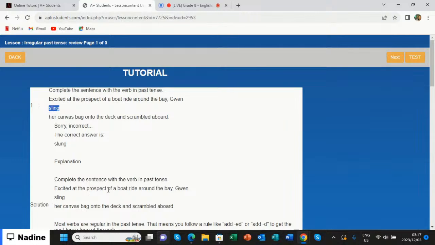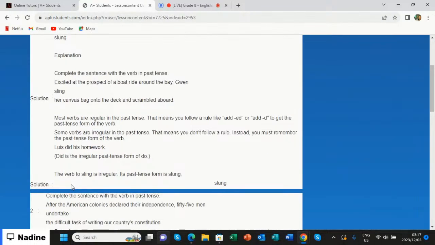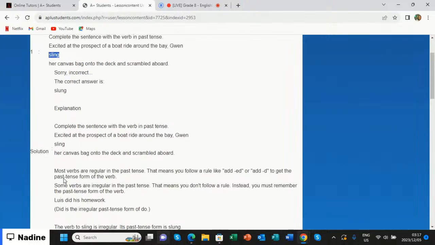All right, and if we select the past tense verb, we complete the sentence with the verb in the past tense, then we would say it is slung. So Gwen, she slung her bag onto the deck.